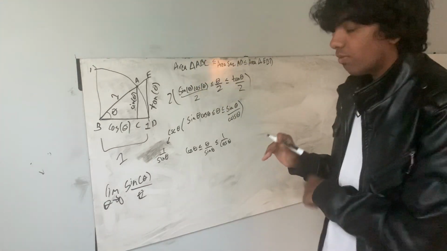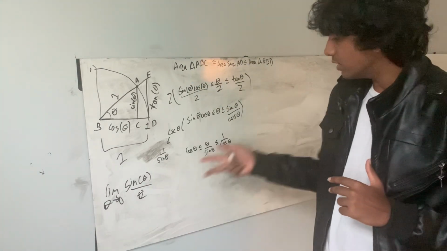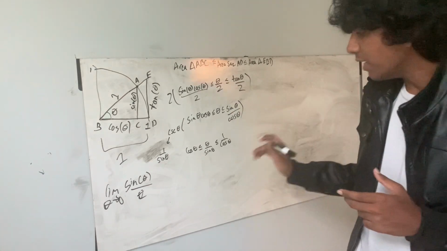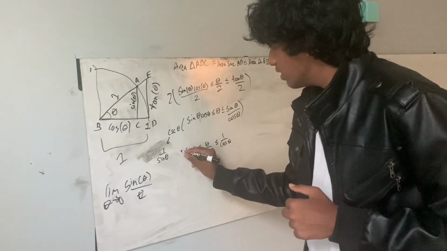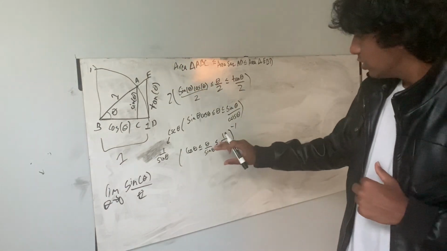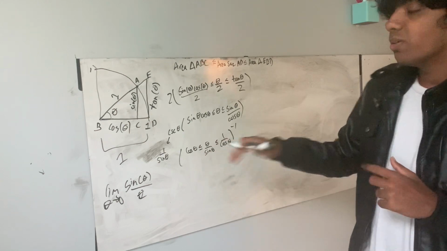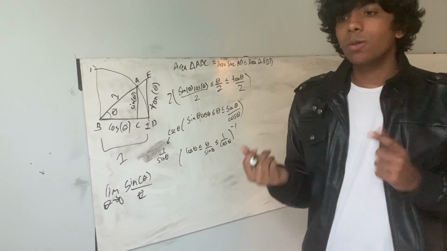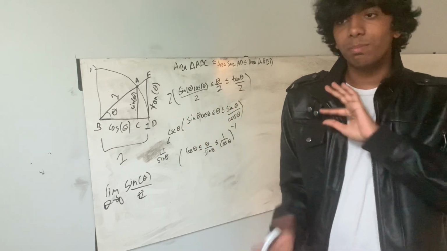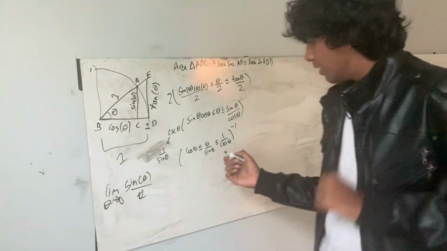Okay, we're almost there. We just want to flip this. We can do that. It's called raising the entire thing to the negative first power. When we flip it, we also have to make sure we switch our inequality signs, because 1 over a million is a really small number. You see that logic? You're basically going on the opposite spectrum.